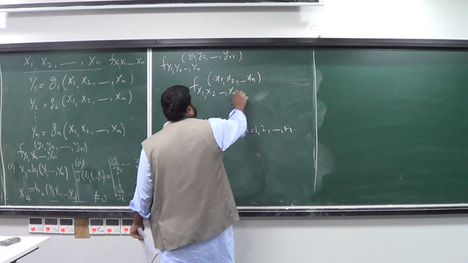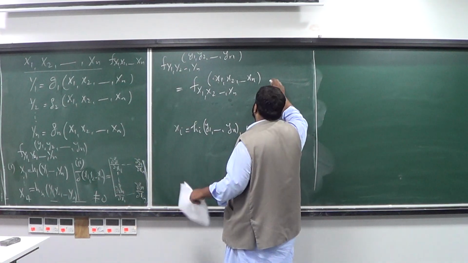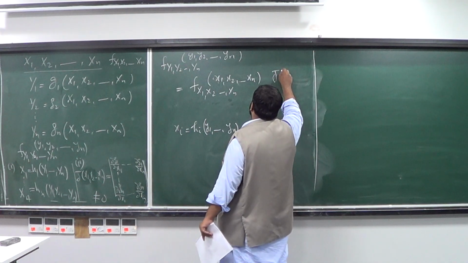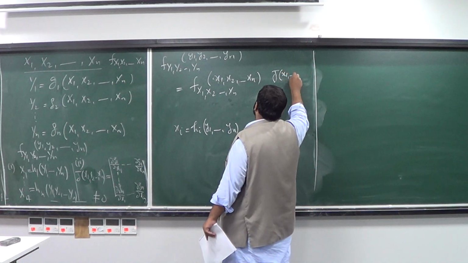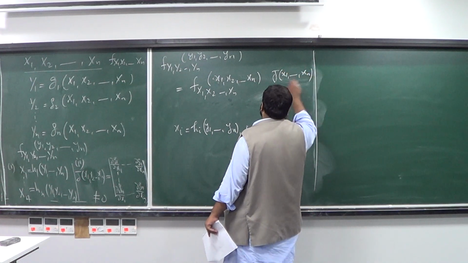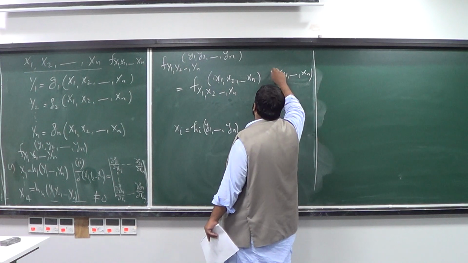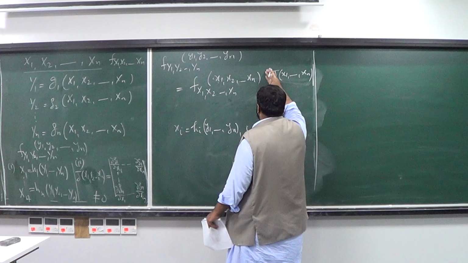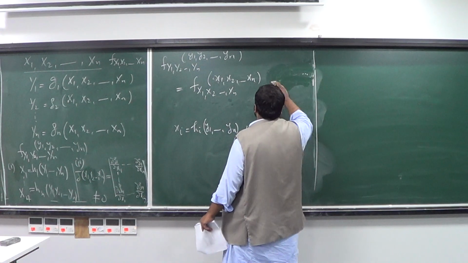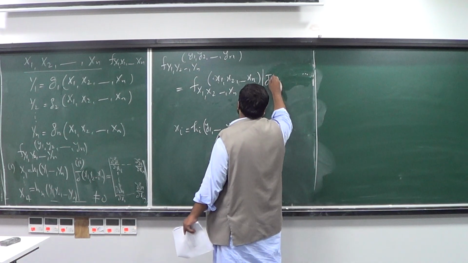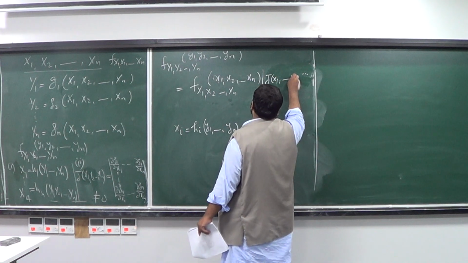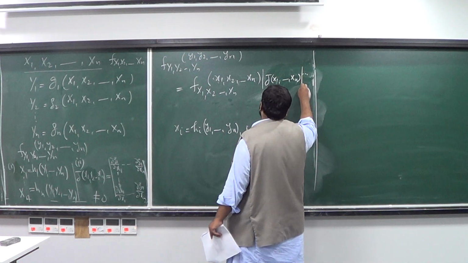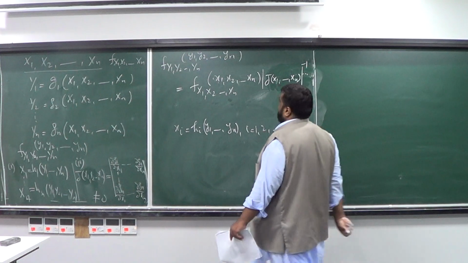So this PDF is multiplied by, like in the two dimension, the Jacobian of x1 up to xn, its absolute and reciprocal. Let me write it once again clearly. Jacobian of x1 up to xn, its absolute and its reciprocal.